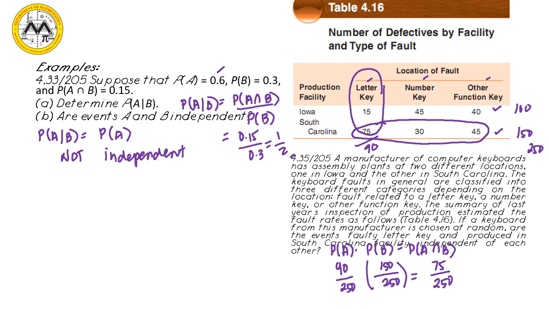So let's check if they are the same. 90 times 150 over 250 squared is 27 over 125. Is it the same as 75 over 250? This is 3 over 10. So they are not the same. So this is not independent.